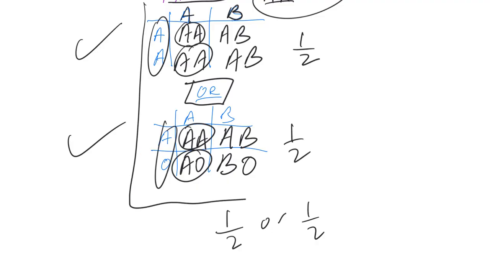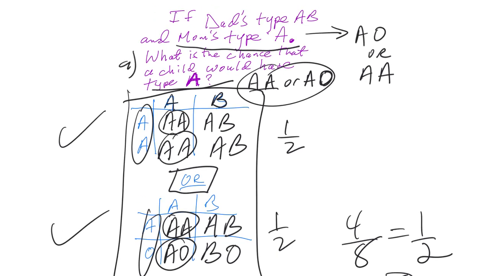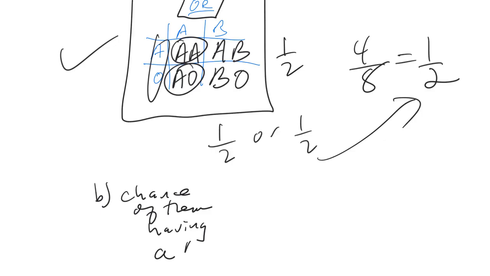Now, you could look at this whole thing and say, okay, I have 4 out of 8. Maybe that's easier. So 1/2 of all the kids have a chance of having A blood. Okay, that's part A. What if I ask you part B? What is the chance of them having an AB kid?